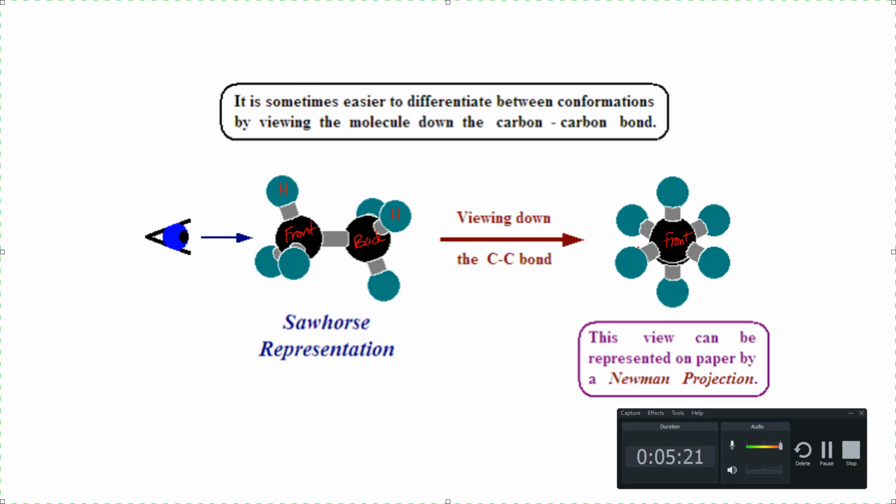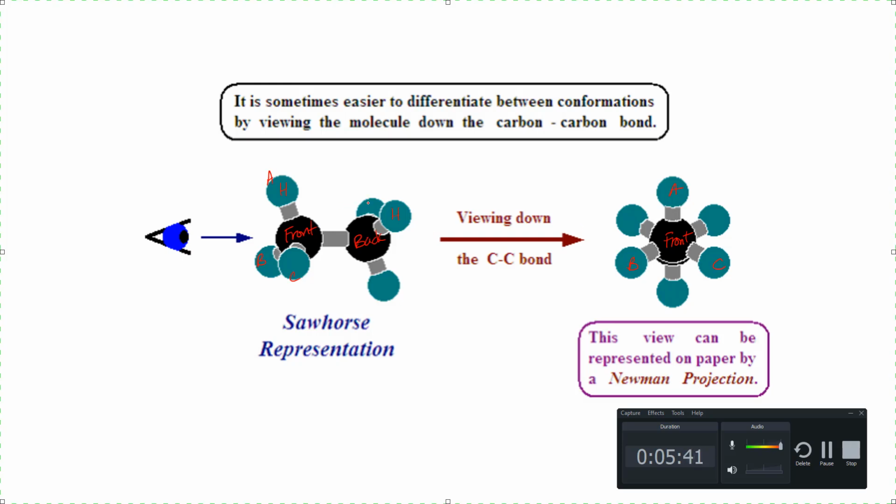So I have hydrogens pointing towards me, which, if I wanted to call these hydrogens A, B and C, this would be A. B would be off to my left, and C would be off to my right.